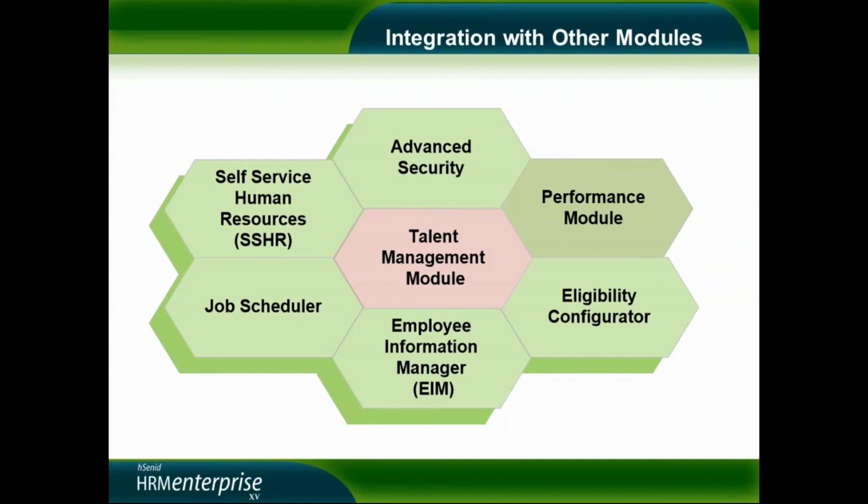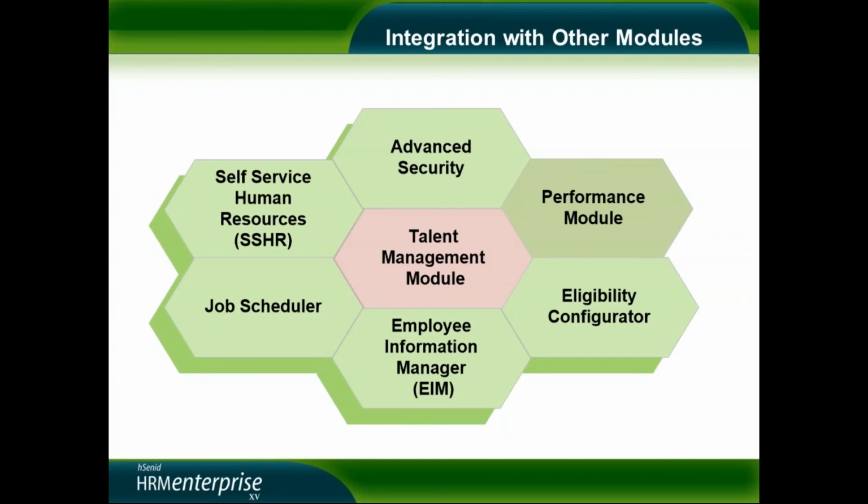Right? Then you have to have the eligibility configurator. We create some eligibility rules within the module. So you have to have the eligibility configurator module, the employee information manager module, and the self-service portal.